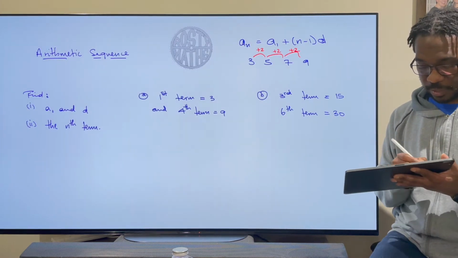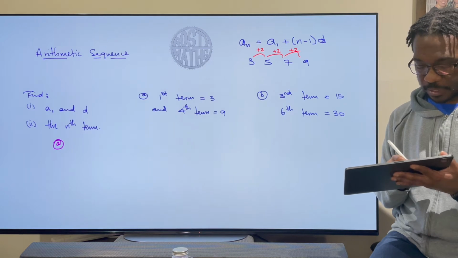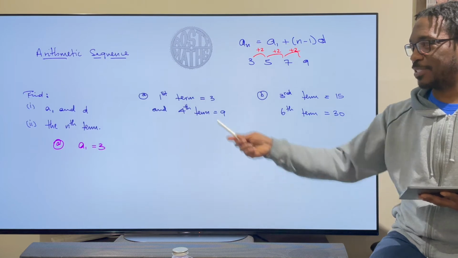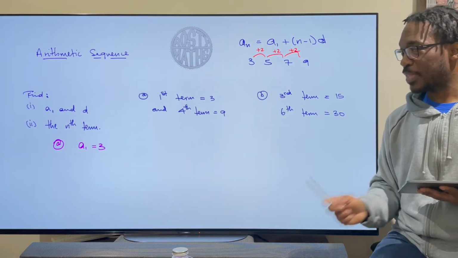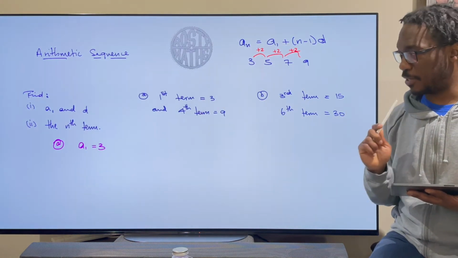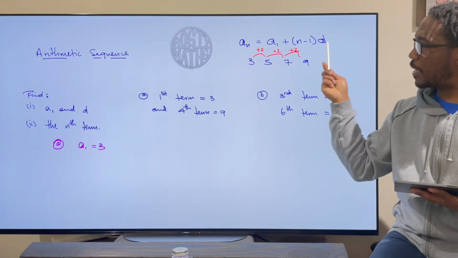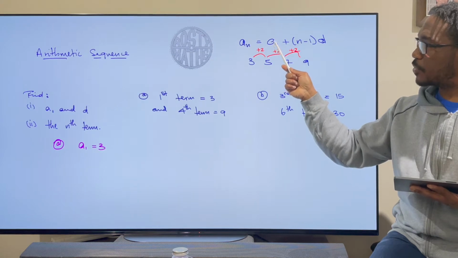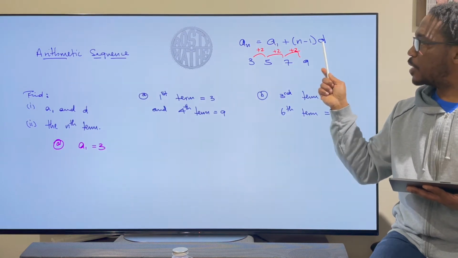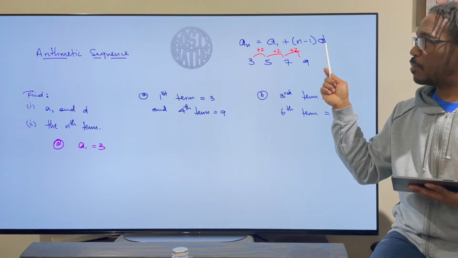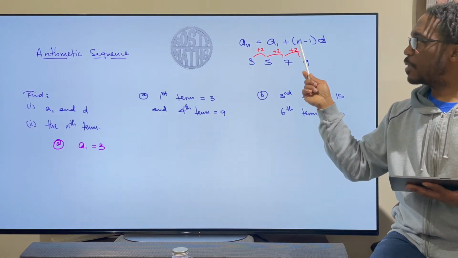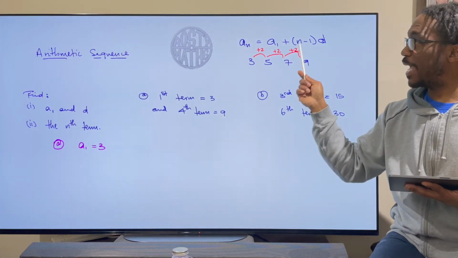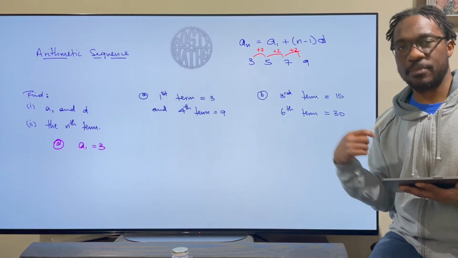Well, I know if I'm doing question A, the first term A1 is equal to 3. No work needed there. Why? Because they told me it's 3. It's the first term. Now for the fourth term though, I need to plug the values in here. Now what do I already know? I know the first term is 3, so that's going to be 3 there. I know that I don't know the common difference, that's what I need to find, but I know the n because it's the fourth term, and n tells me which term I'm dealing with.